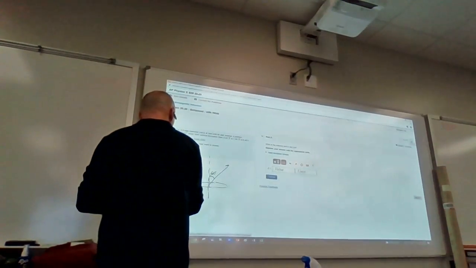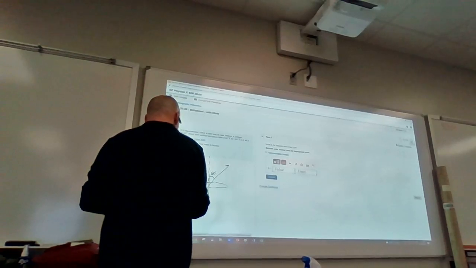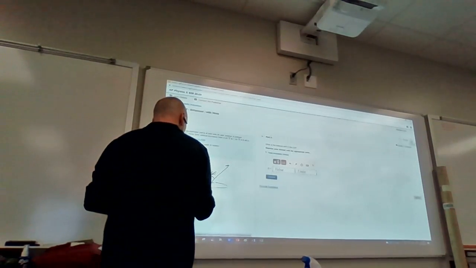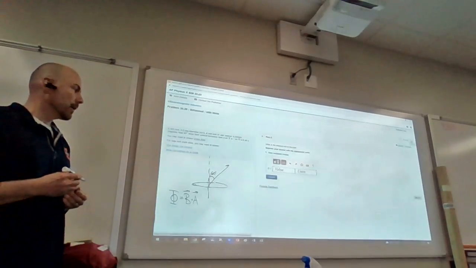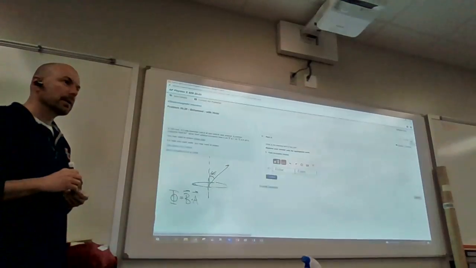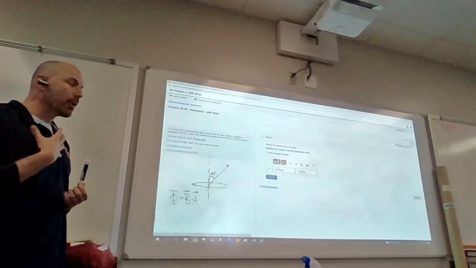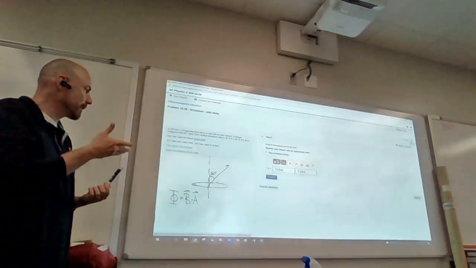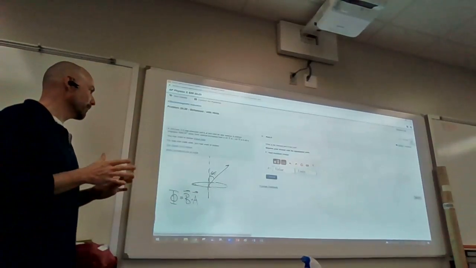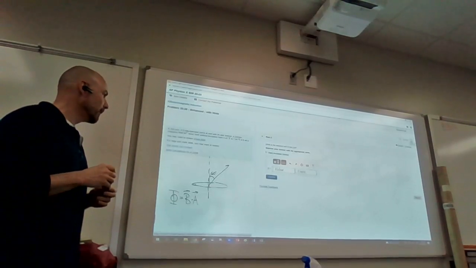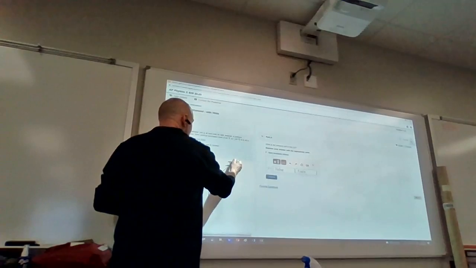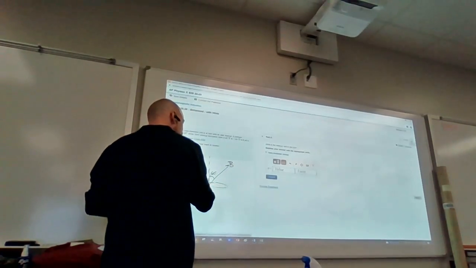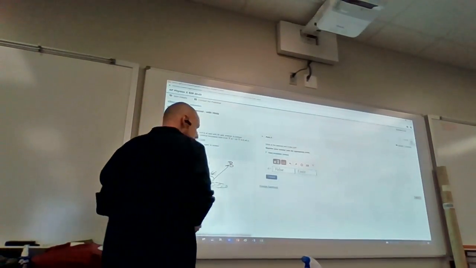Here's how my brain works. Technically, what they're going to write on the equation sheet is this. Personally I hate this, but it works out. I get why they do it, but conceptually it's not helpful. Because what you need to do is find the component of this magnetic field that is perpendicular to this surface.